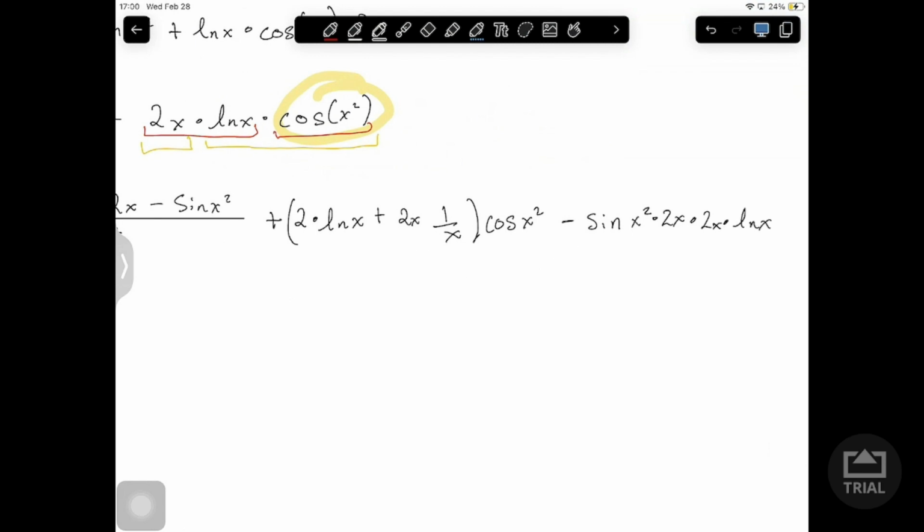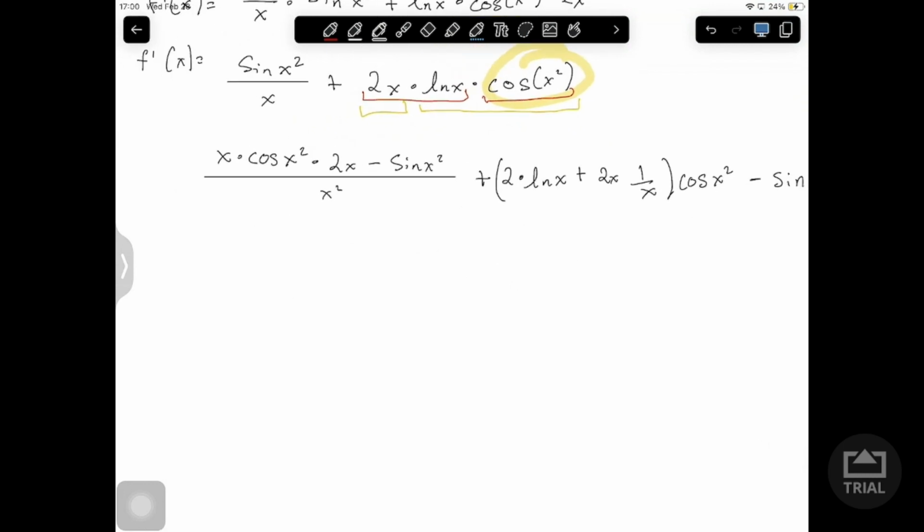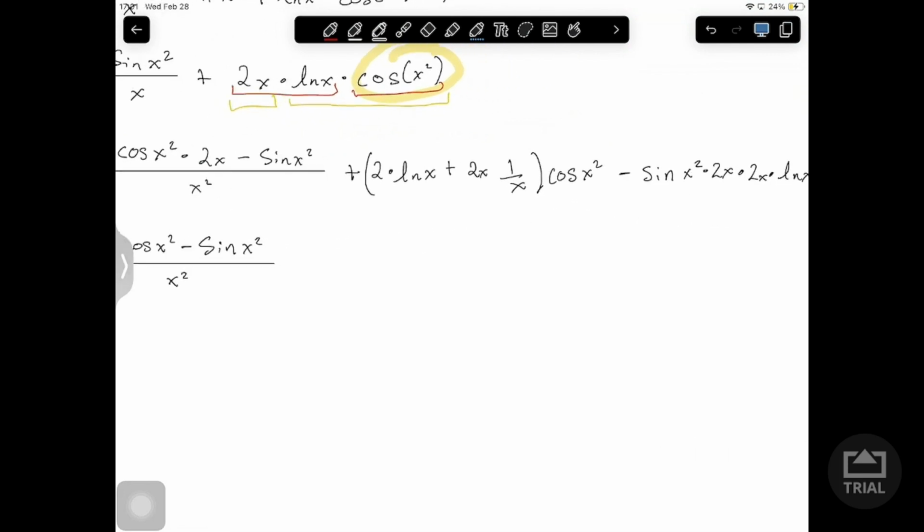Now, what we're going to do from here is just combine. So, this first portion, I'm going to move this 2x to the front, which is going to make it 2x squared cosine x squared minus sine x squared over x squared. Now, for this one, I'm just going to cancel these x's, so it's just plus 2, and I'm going to move this cosine x squared to the front.